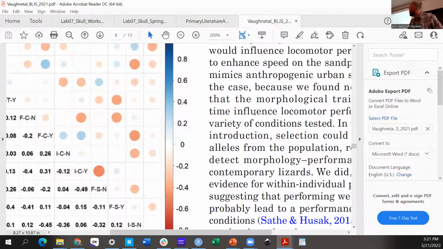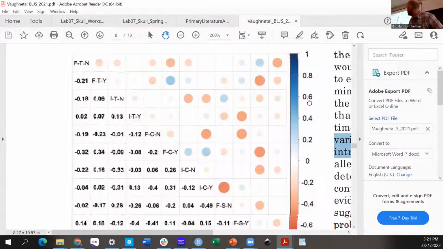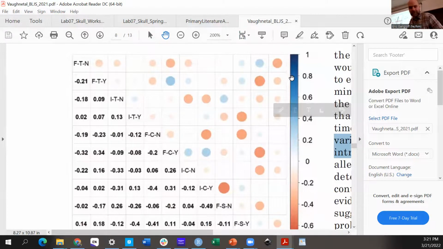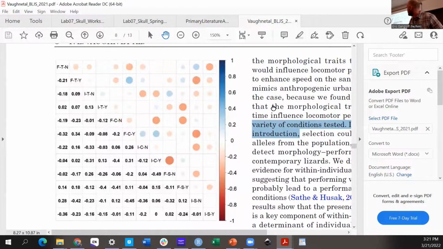All right, so this is really confusing if you look at it without knowing what it is. But basically, this is a correlation matrix.